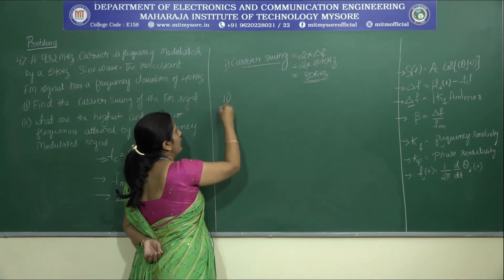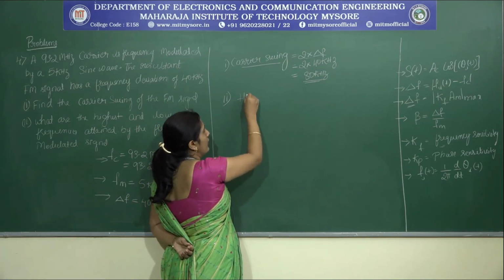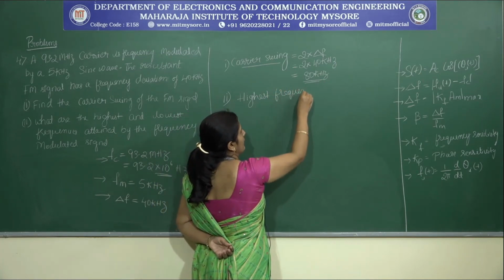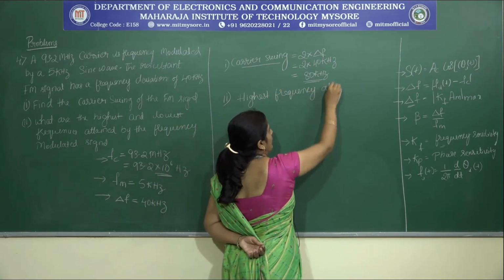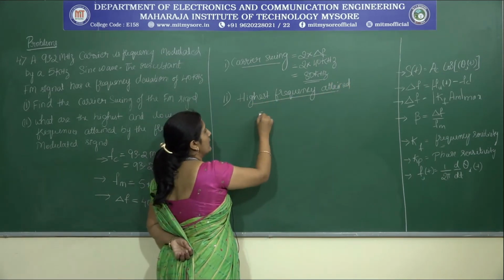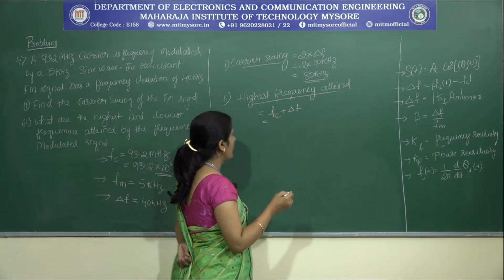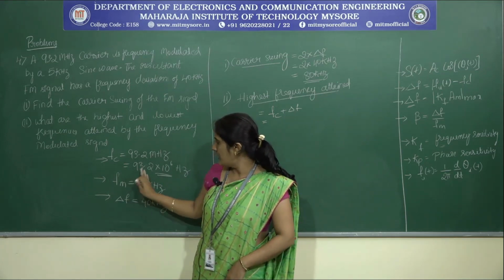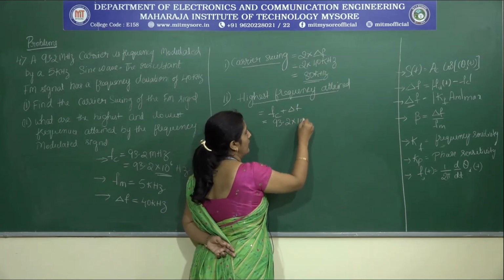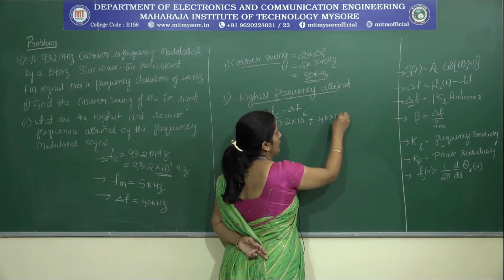Second one we have to find out here is the highest and the lowest frequency. In order to find the highest frequency attained, we have got the formula that is Fc plus delta F. We have got Fc, the carrier frequency, how much here? 93.2 into 10 power 6 plus delta F, we have got 40 into 10 power 3.